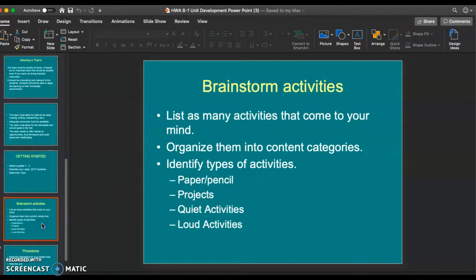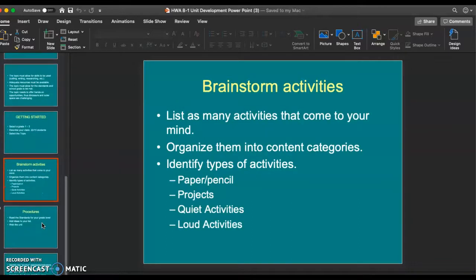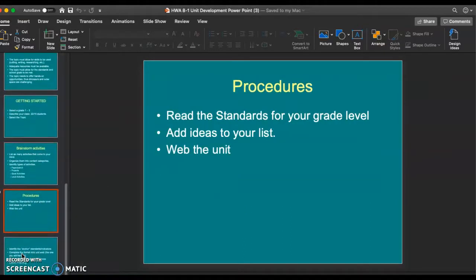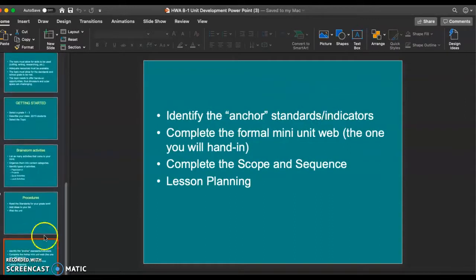Then it walks you through step by step, your activities, your procedures. Talks about identifying your anchor standard. So you're going to have to go into the ODE site to find the standards that you want. And then it goes into lesson planning.